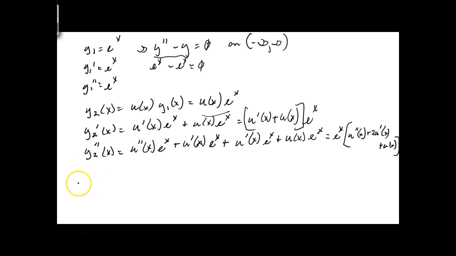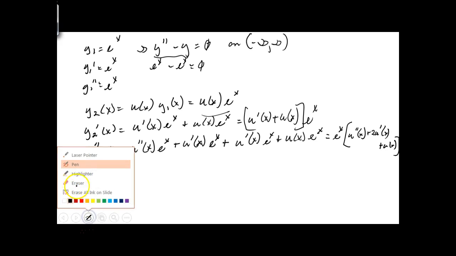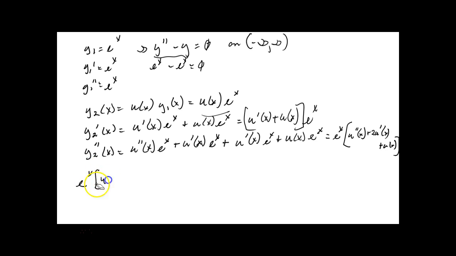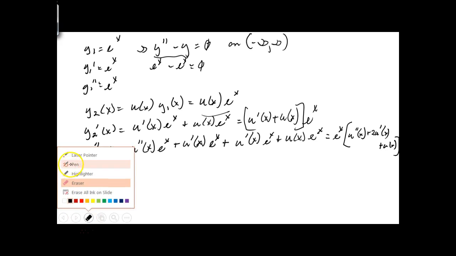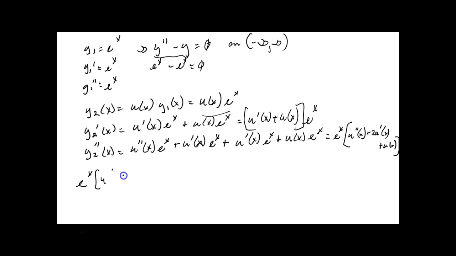So this is going to be e to the x times u double prime of x plus 2 u prime of x plus u of x.